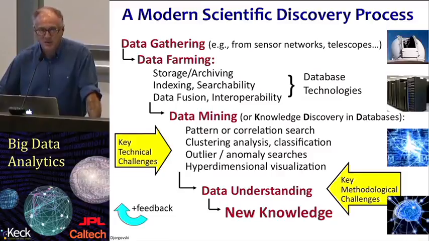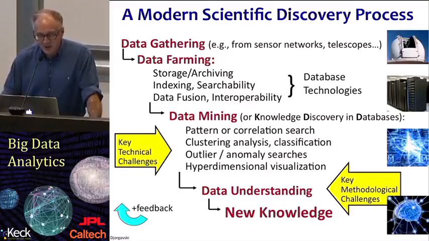That's what science is really about, finding patterns in nature and trying to understand them. And that could be correlations or clusters or outliers or anomalies and so on. And a lot of interesting tools from statistics and machine learning can be used for that purpose. At the end, of course, comes the real role of scientists, which is understanding what that means and therefore the new knowledge. This is grossly oversimplified, of course, and there are feedback loops at every step of this diagram. But I think you get the idea.